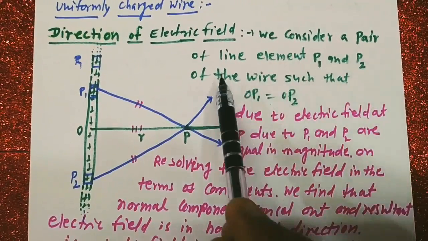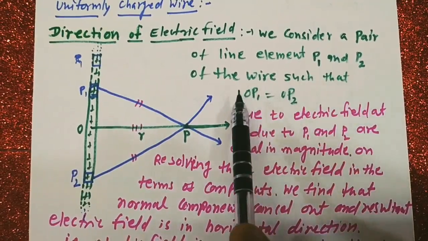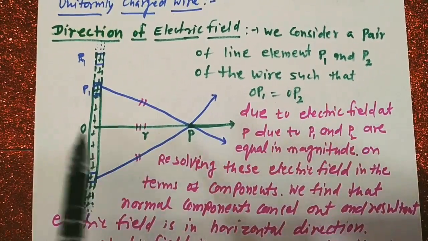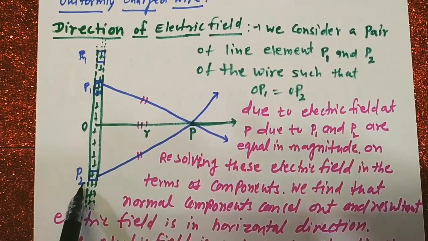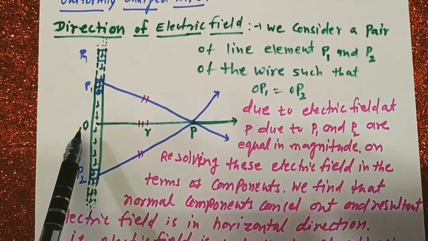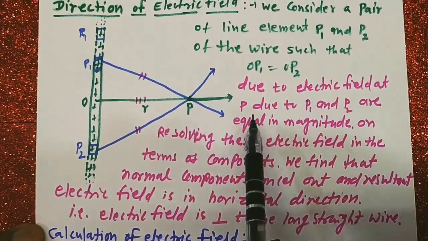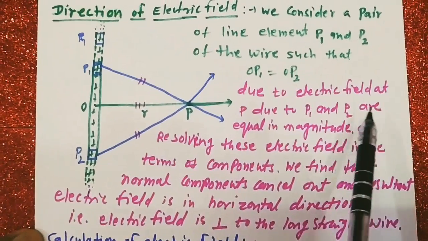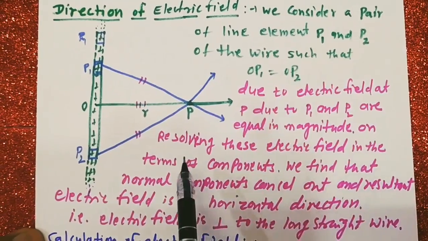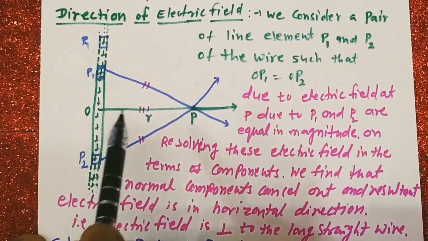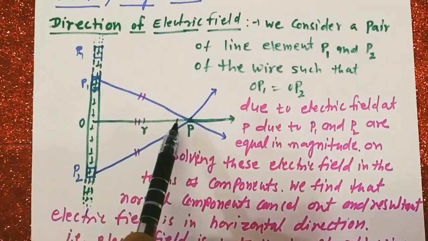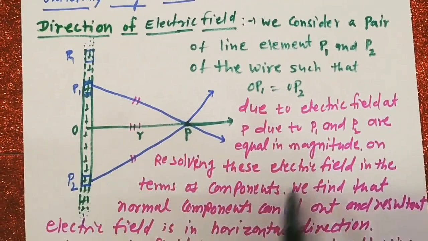We consider a pair of line elements P1 and P2 of the wire such that these two elements are equidistant from O. The electric fields at P due to P1 and P2 are equal in magnitude, because P1P is equal to P2P.